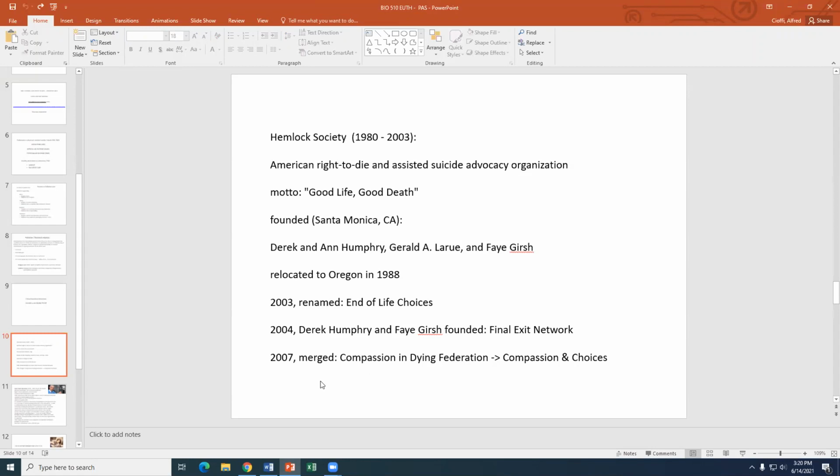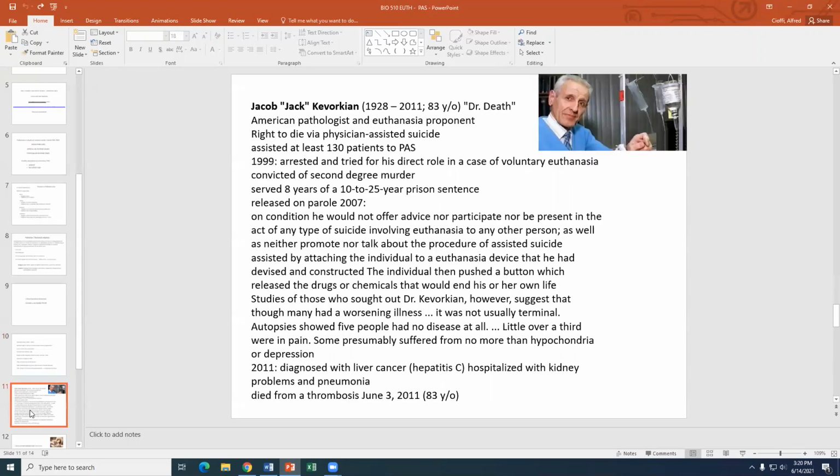One who was a crucial figure early on was Dr. Kevorkian. Any of you heard that name, Jack Kevorkian? Here is Jacob Kevorkian. He was an MD, a pathologist. And what does a pathologist do? They examine cadavers and the cause of death.